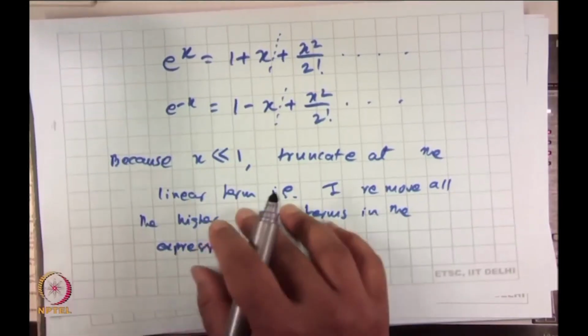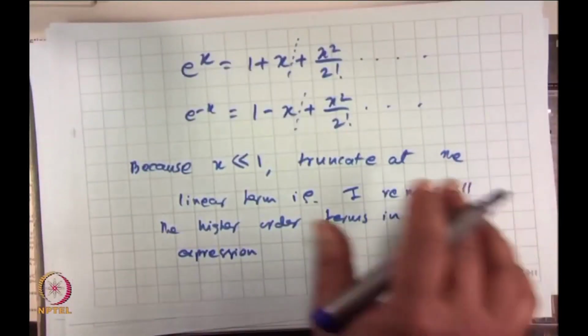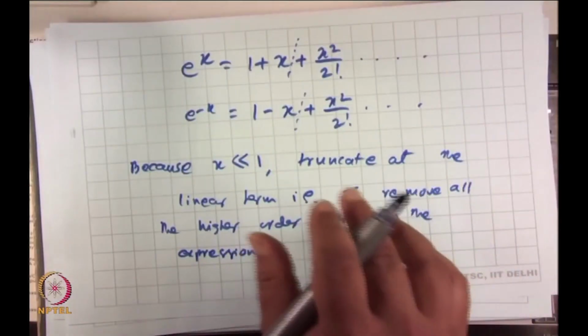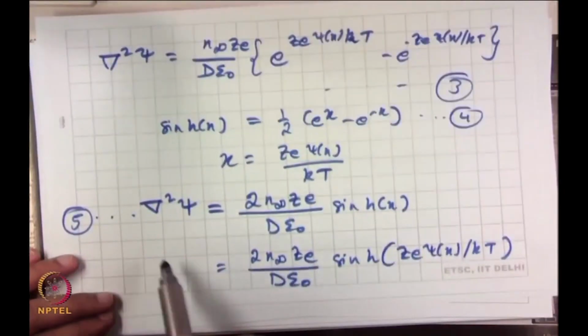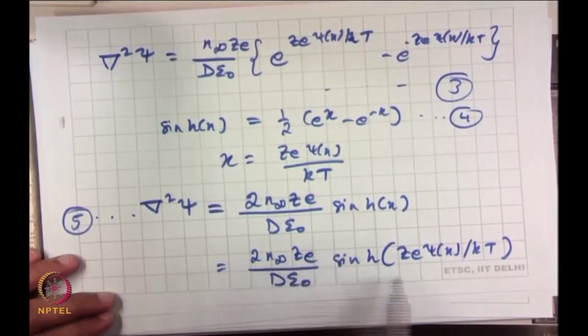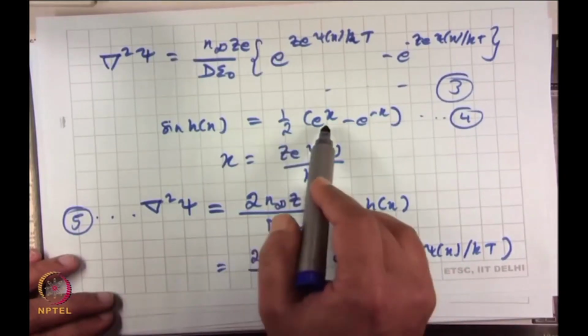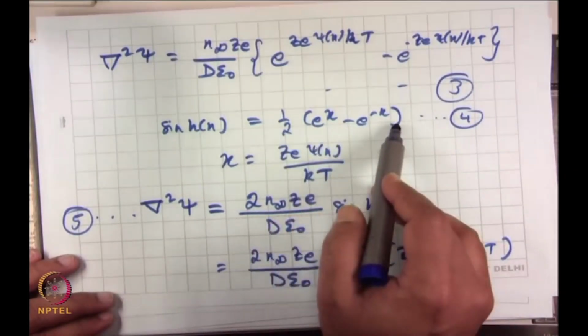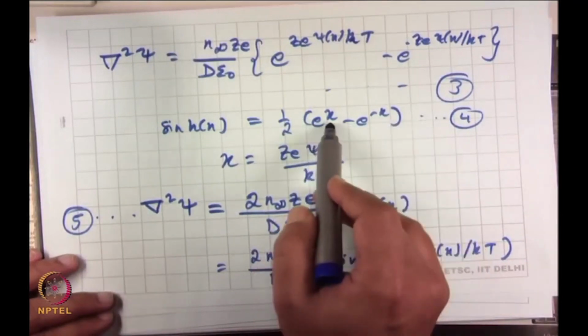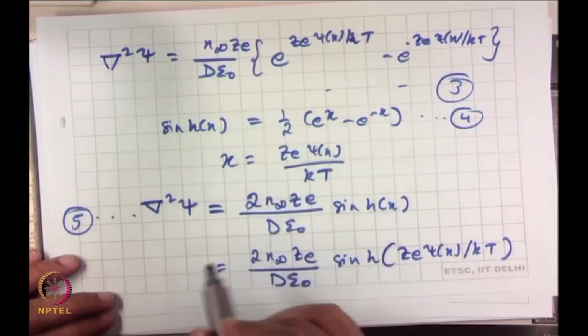Okay. Now, go back to your original expression, what we started with. This was your non-linear Poisson Boltzmann equation. What did you have? This was sinh, which was half e to the power x minus e to the power minus x. Now, you have made the assumption that x is very small, right. So, what will this boil down to?